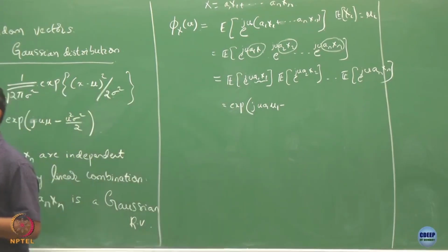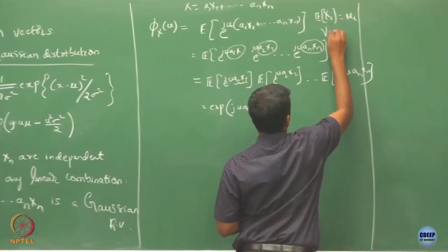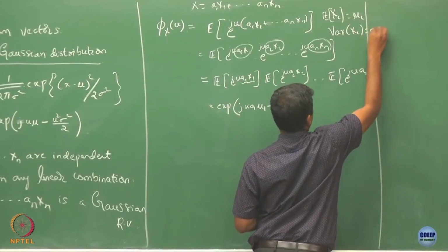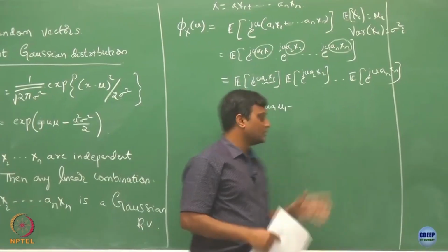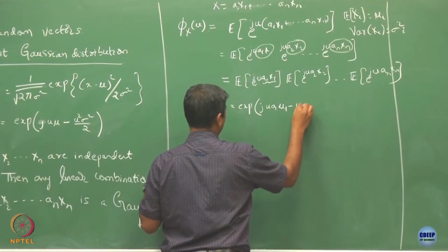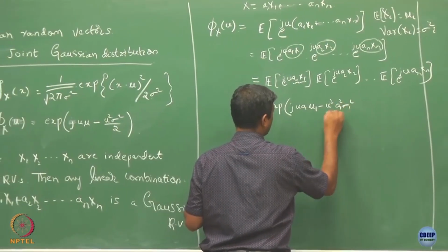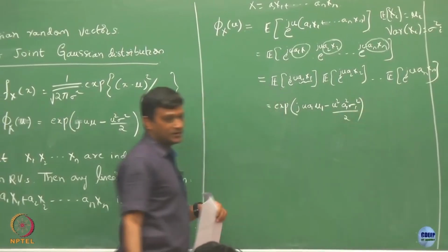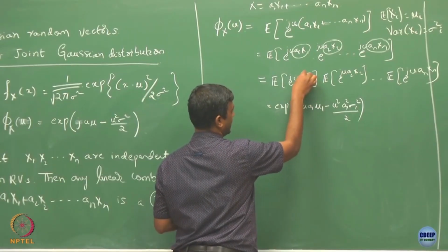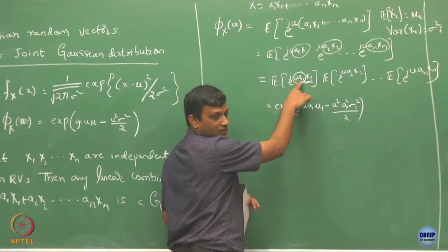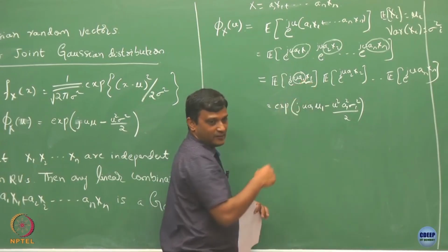And what will be the variance of a1 x1? If the variance of x is sigma square, what will be the variance of a xi? It is a square sigma square. So then it will be u square a1 square sigma 1 square over 2. Alternatively, you can think of u a1 as the point at which you want to evaluate the characteristic function of the random variable x.